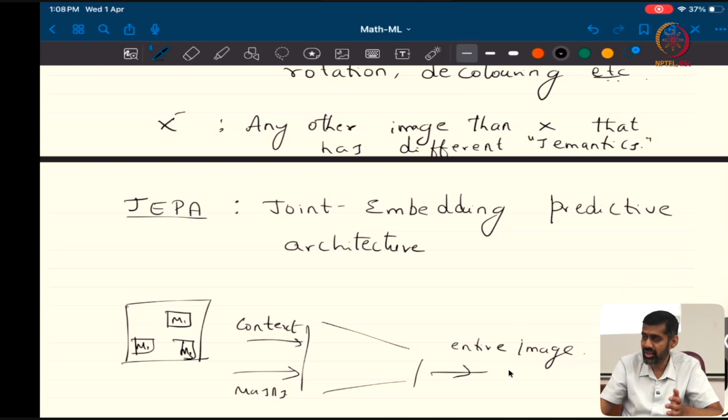Because there is already such a rich embedding that has been extracted by training for months and years on all these data sets, and most of these neural networks are available, the weights are available in public. So nowadays, it is very seldom that a neural network is trained from scratch for a given problem. You always take a pre-trained neural network and fine tune.